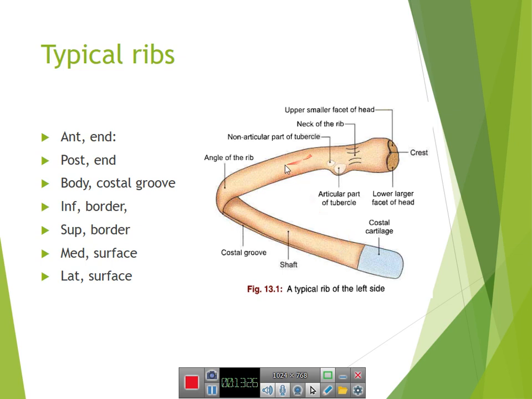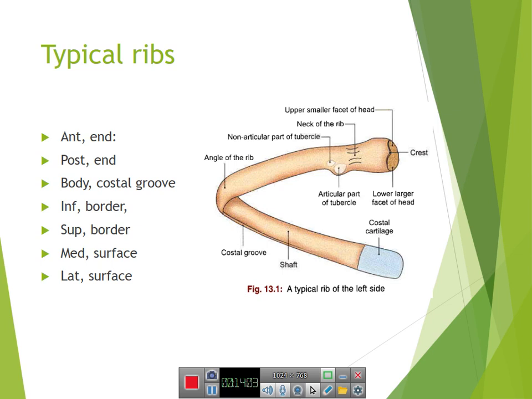The shaft or body of a rib is flattened, so it has two surfaces, outer surface and inner surface, or lateral surface and medial surface. As you can see here in this picture, the outer and inner surfaces and two borders, upper and lower. The shaft is curved with its convexity outwards.